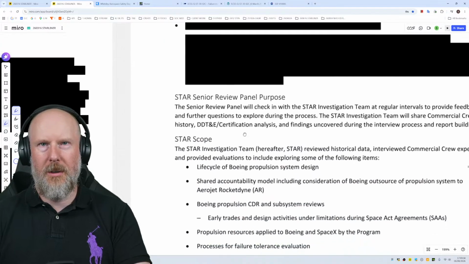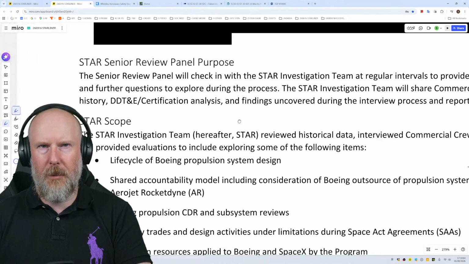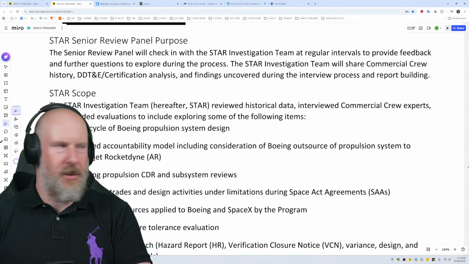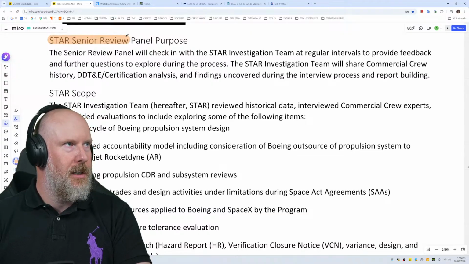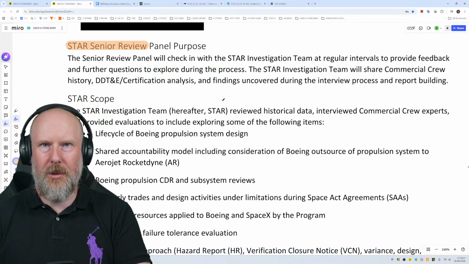We don't know. It doesn't make a big difference, but it would be interesting to know what their roles were, or what their rough background was. But again, it's not a big deal. So the STAR Senior Review Panel purpose. This is the senior level review panel, so not the STAR team itself, but a senior review panel to support that.